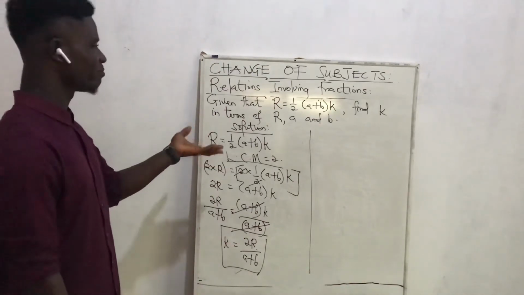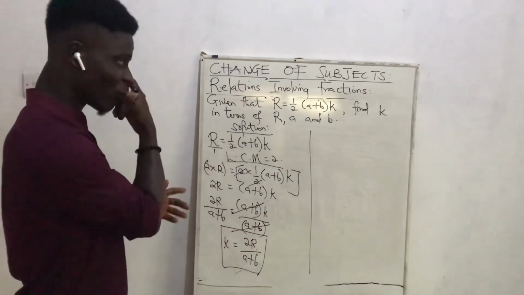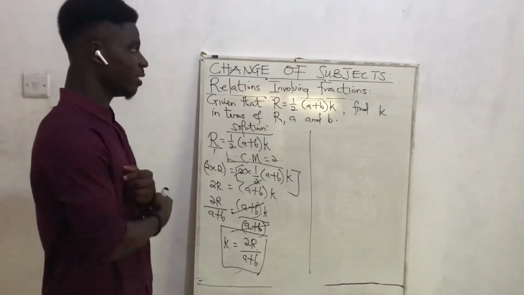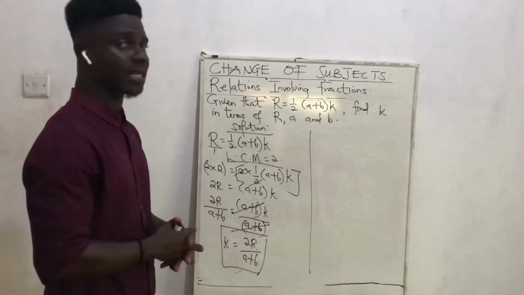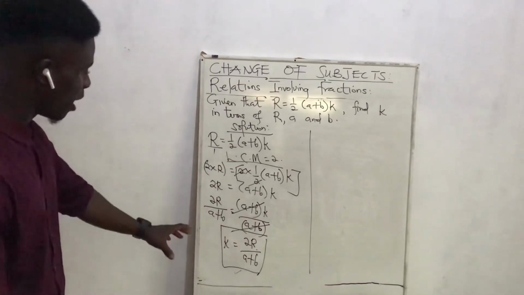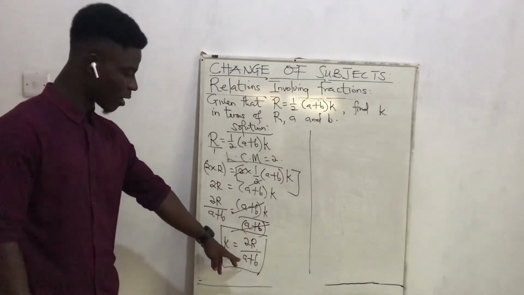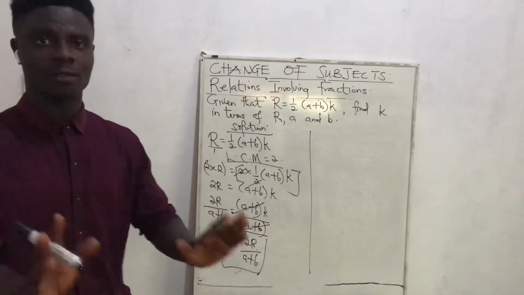I have one question being twisted like that. I'll drop it so that you solve it, then either you call or you drop it at the comment section so that I attend to you. Alright, so that's how we make k the subject. K equals 2r all on a plus b.